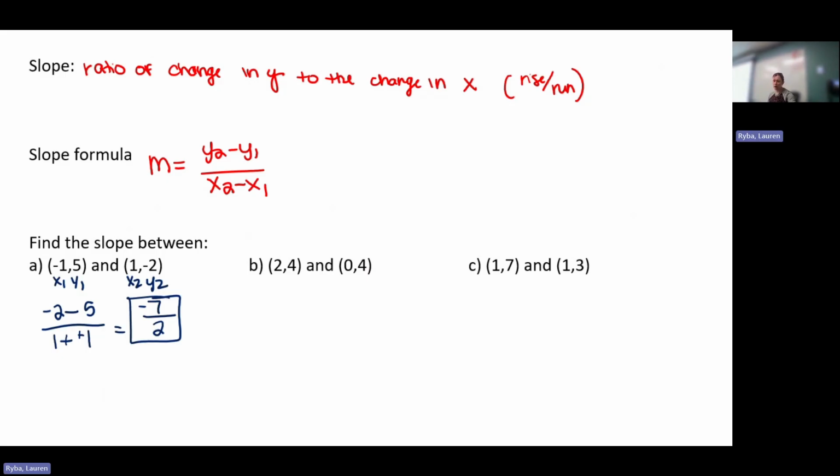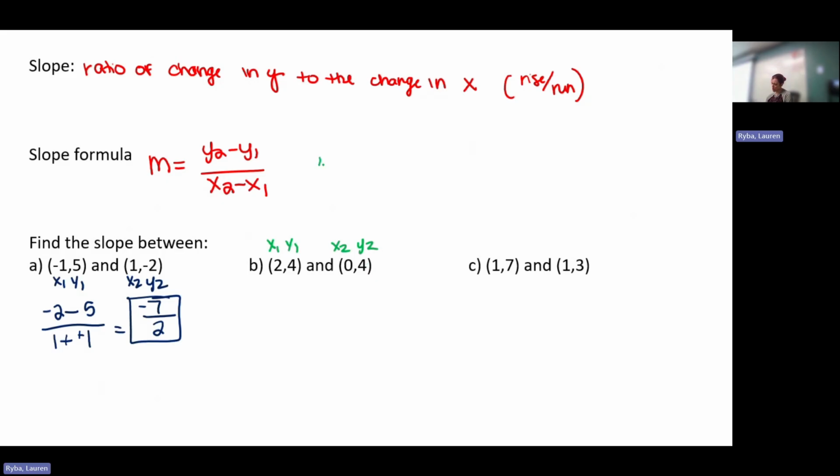Right? Next pair, (2, 4) and (0, 4). So I'll do the same thing. Label them x1, y1, x2, y2, and then I'm just going to plug them into that formula here.